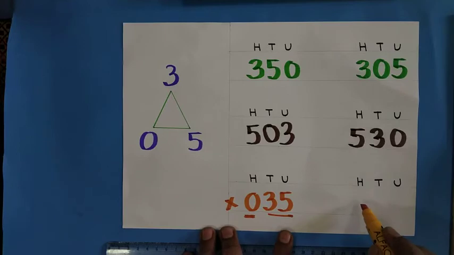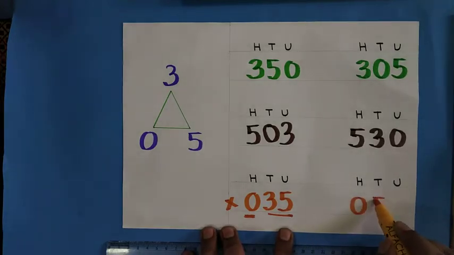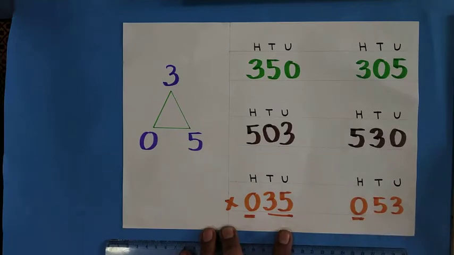Now next one will take 0, then 5 and 3. Again, this is not a 3-digit number. If you write 0 at the 100 place, that will become the 2-digit number 53. So this also we can't write as a 3-digit number.